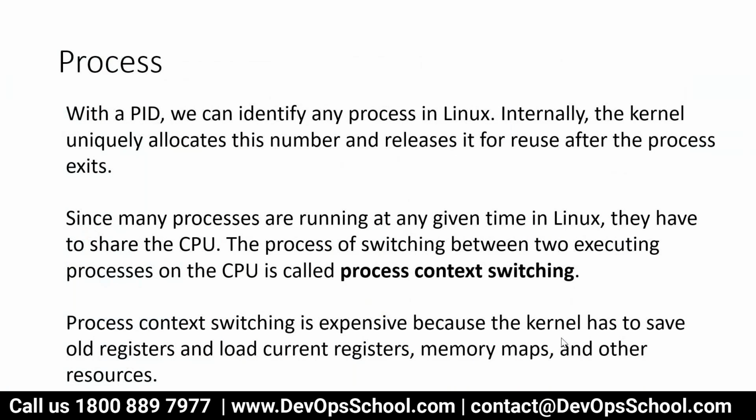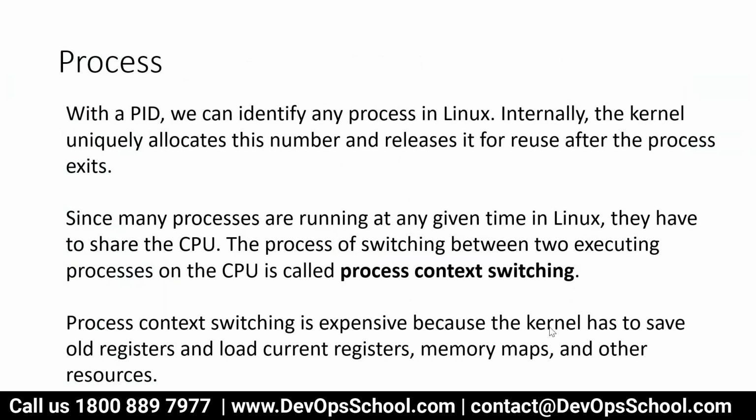So how do we solve this problem? So far you have understood about the process story, all of you? Yeah. Okay, so the problem is that when we do process context switching, it is expensive because it takes some time to store the current state of your application, which in technical words we call saving the old register, loading the current register, memory maps and all stuff like that.